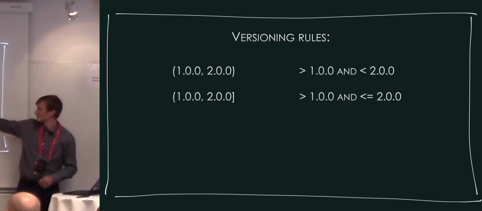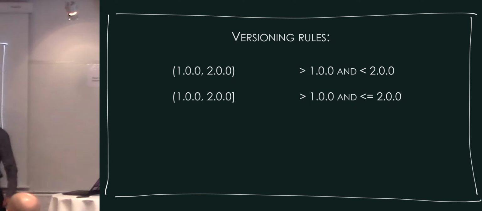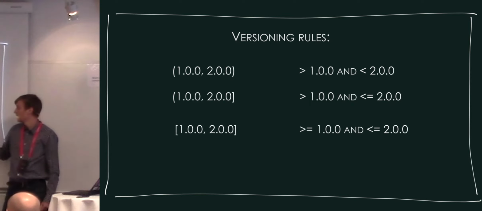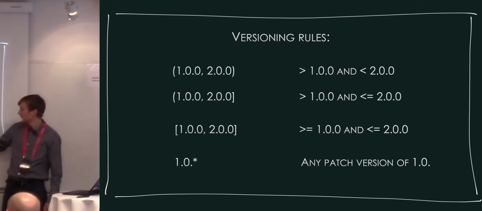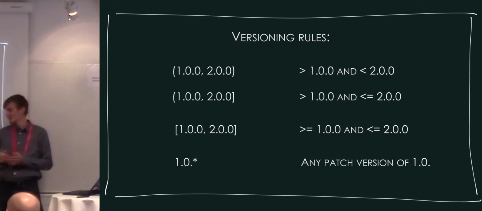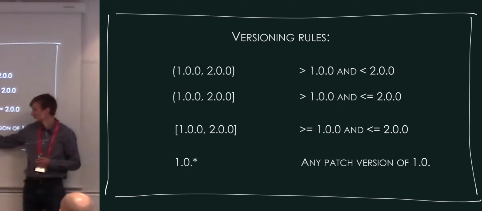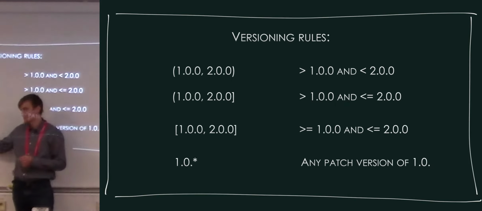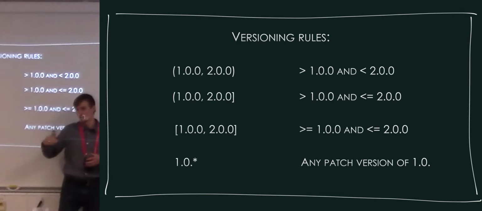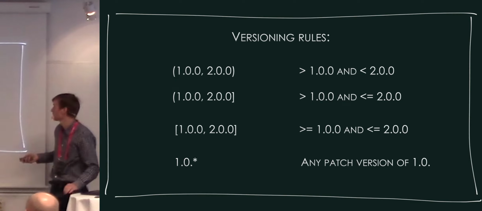This one with the square bracket is including 2.0.0. This one is including both ends of the interval. And finally, wildcard support is added, so it will be any patch version of 1.0.something. This supports semantic versioning, so we have major, minor, and patch version numbers.